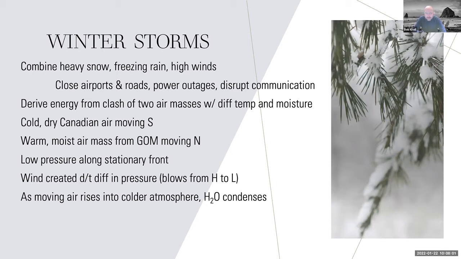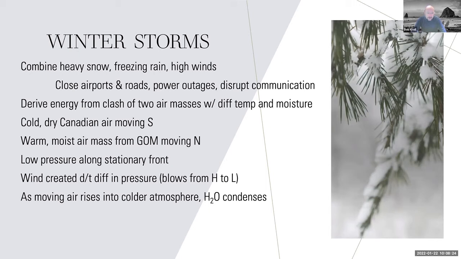If the warm air is moving the cold air away, it's called a warm front. And when they're equally matched, it's called a stationary front. Winter storms often have a stationary front, and they stay fairly still in one area for an extended period of time.